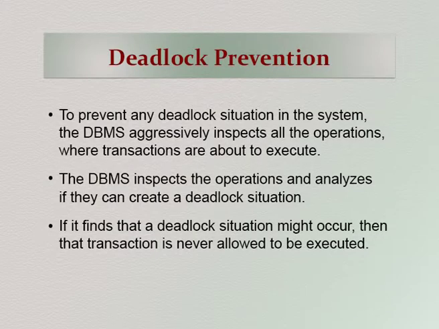We can prevent the deadlock also. Beforehand the DBMS needs to inspect what operations are being sequenced, in which fashion, and which transaction requires what kind of resource. In order to predict beforehand which transaction needs what kind of resources, we can prevent the deadlock.